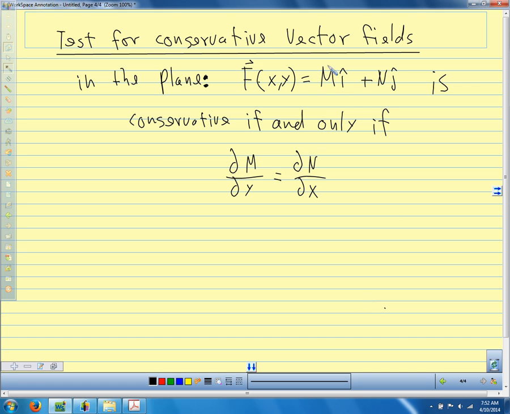Take the partial of this function with respect to y, and the partial of this function with respect to x. Thinking about what we just talked about, does anyone have an idea of why this might be the test for a conservative vector field?